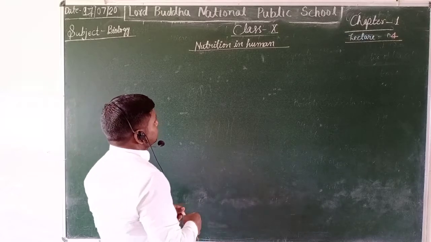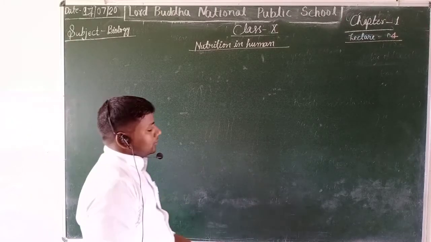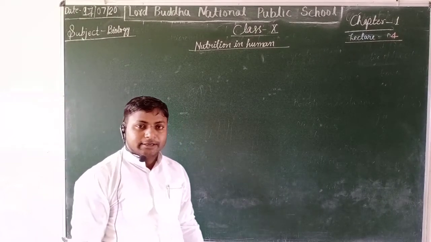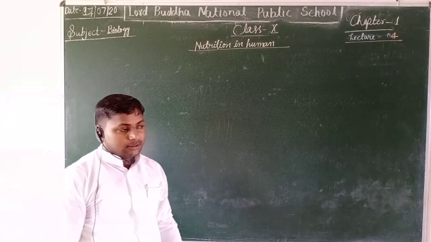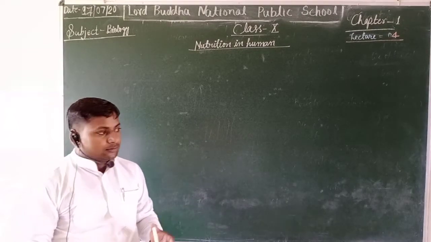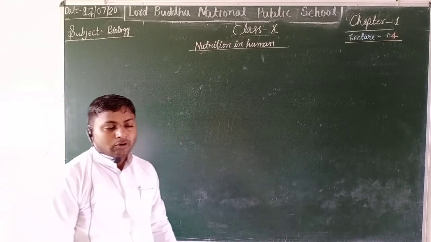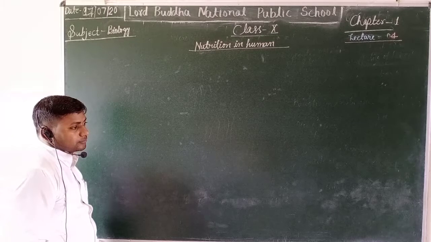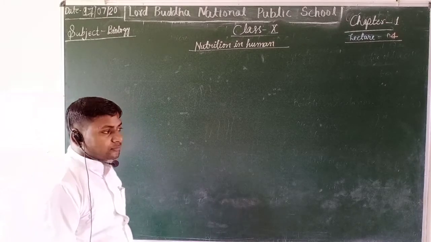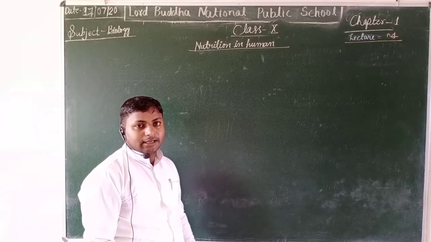In nutrition in human, this process is very complex and takes place inside a very specialized organ system, and such organ system is known as the digestive system or alimentary canal.